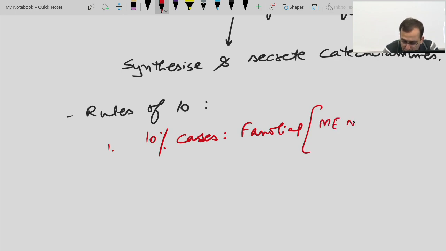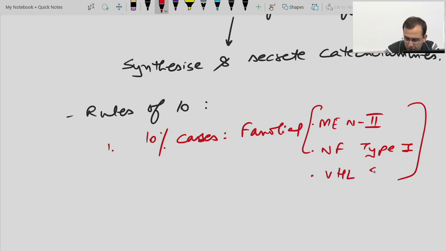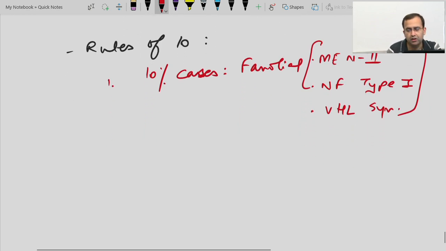The MEN2 syndromes, both MEN2A and MEN2B, neurofibromatosis type 1, and von Hippel-Lindau syndrome. So the first rule of 10 is that in 10% of the cases they are familial.